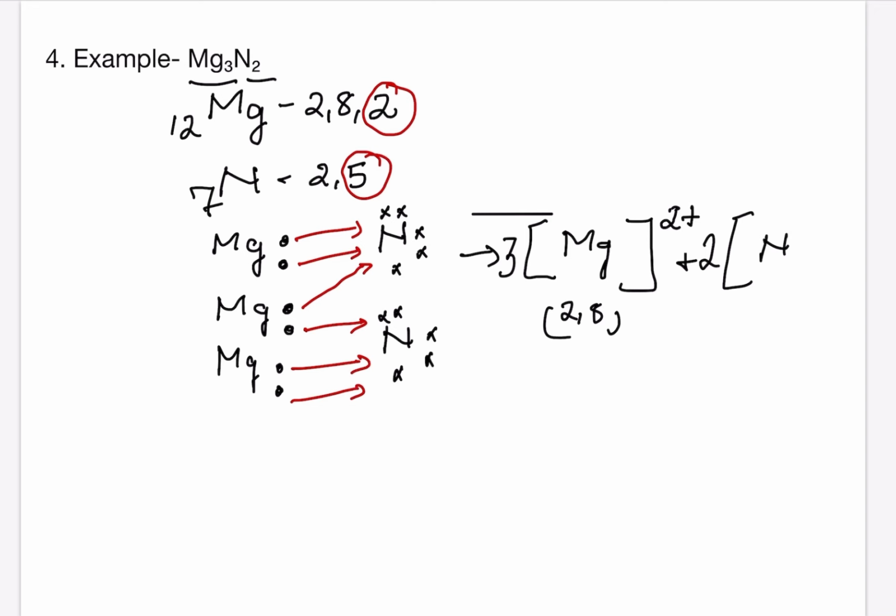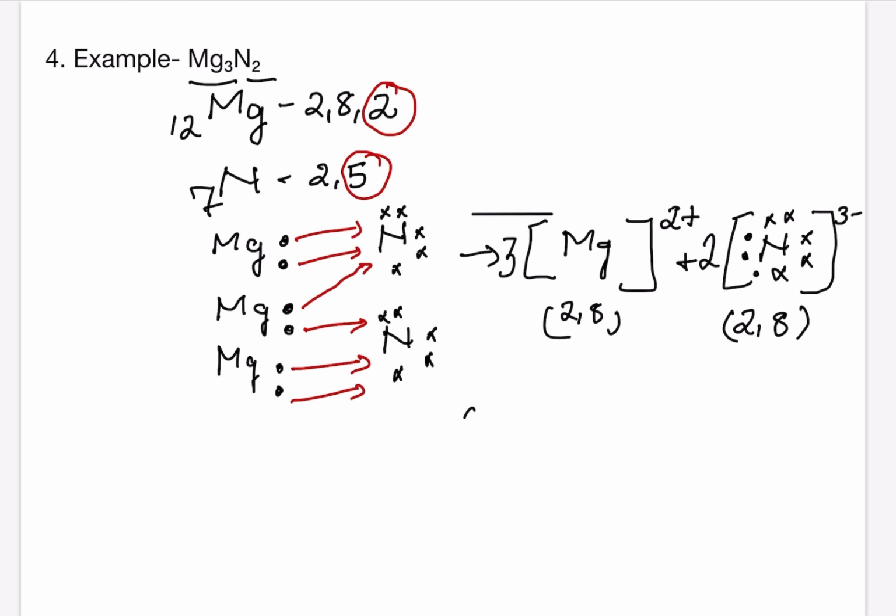And let's show the electrons now. 1 2 3 4 5, 5 of nitrogen, and 3 it has taken from magnesium. Let's enclose it in a bracket. And how many has each taken? 3, so 3 minus. Now its electronic configuration will become 2 and 8.